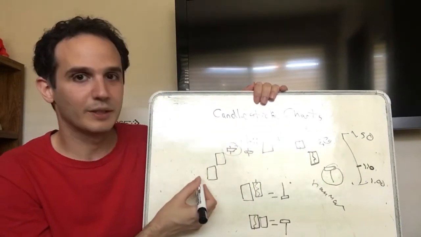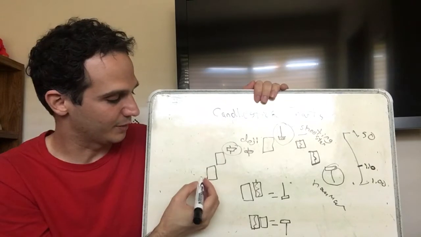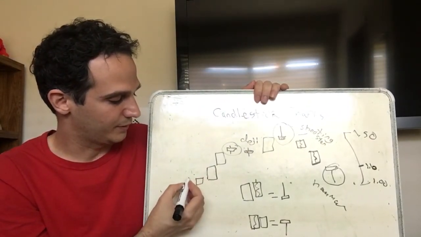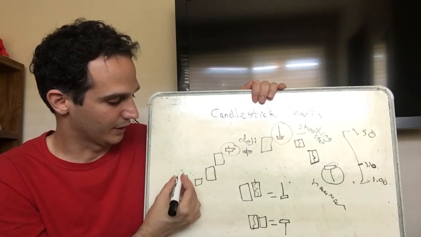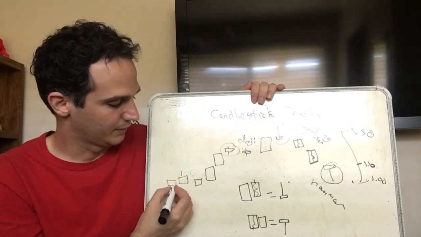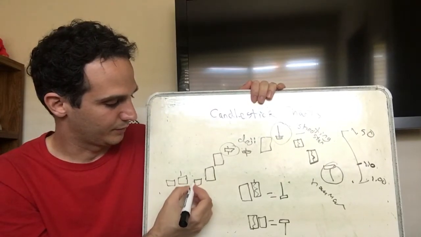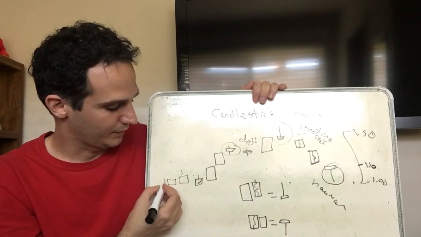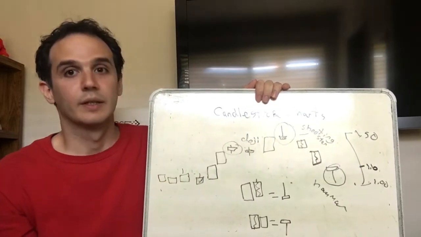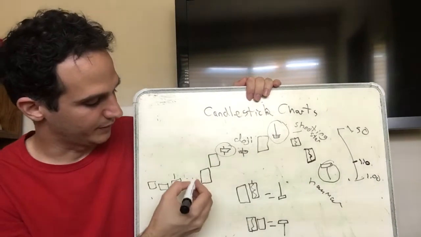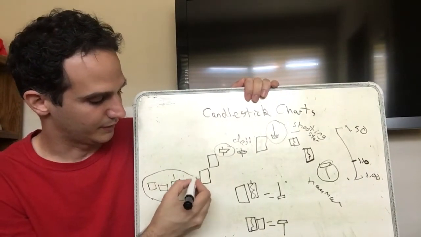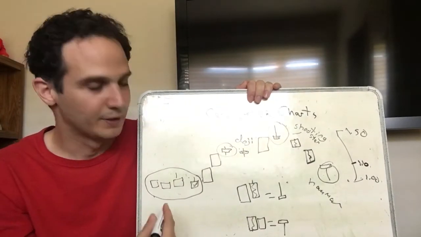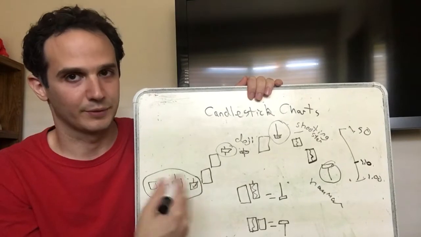So let's say here, before the spike ran up, the candles kind of look like this, and so let's say this area right here lasted for like 30 minutes or an hour or so.